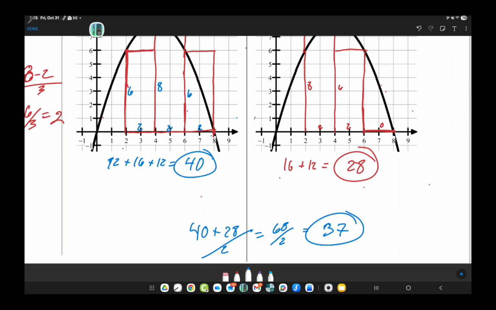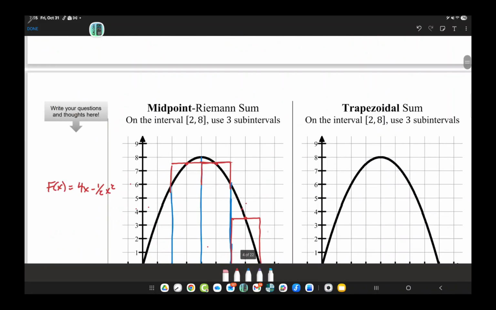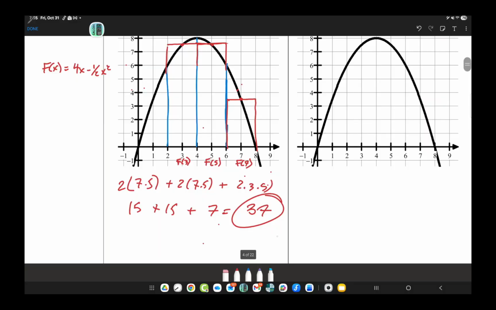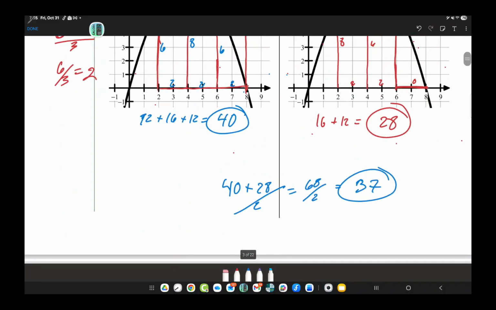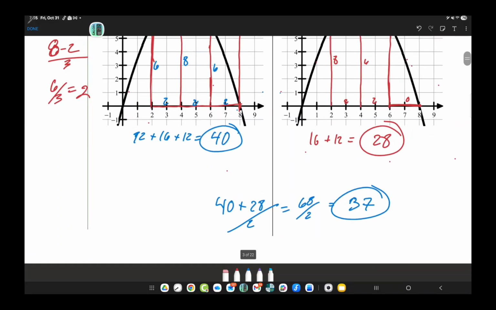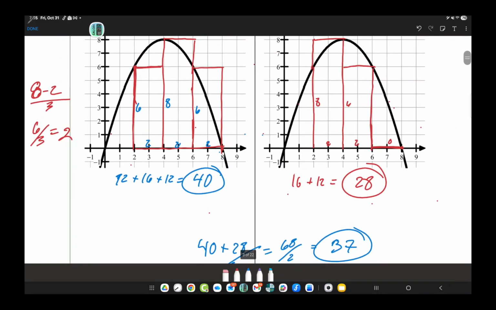Hmm? It's not 37. Did I add that wrong? What did I do wrong?